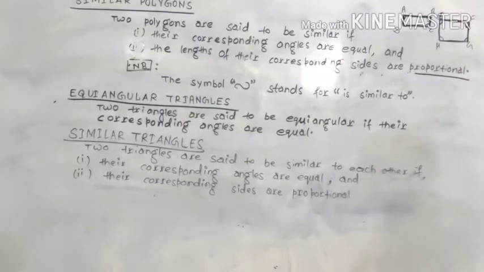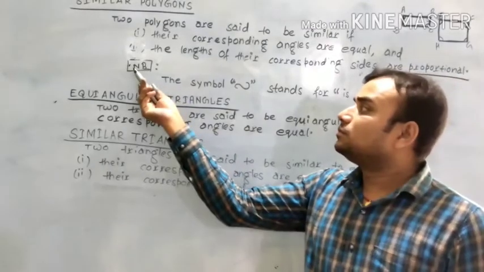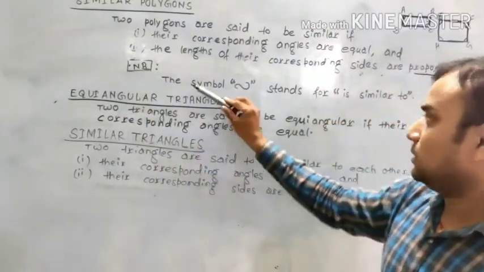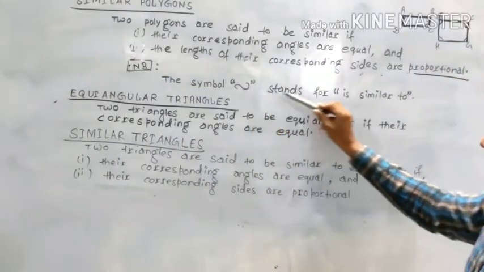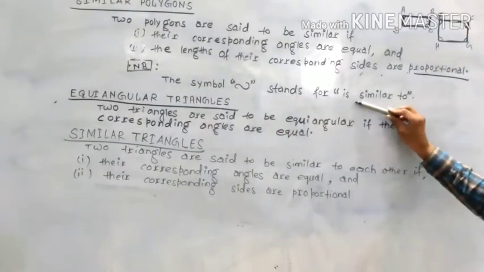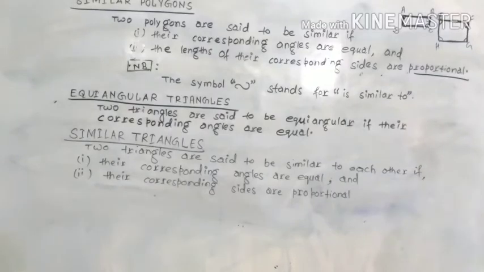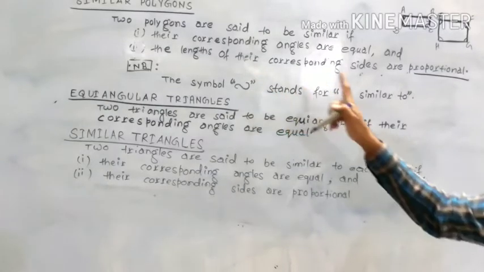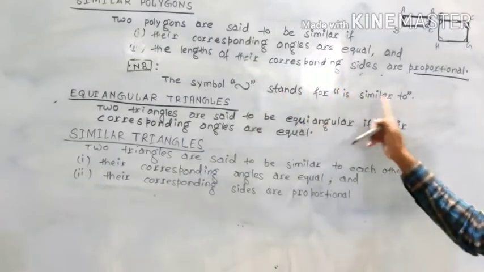Okay. And now the notation below. The symbol this stands for is similar to. Dear student, this is a sign of similarity. So you tell this sign is similar to.